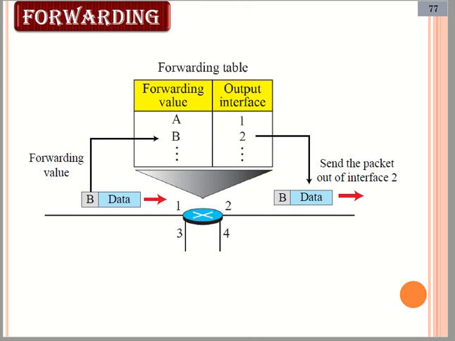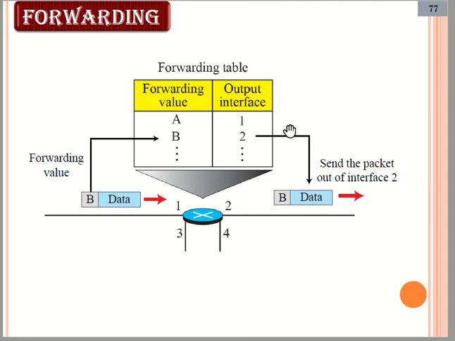This will be maintained by all the routers, wherein it will have the information of the forwarding path as well as the output interface. As you can see in this diagram, data has come to this particular router from the source A, and it is destined to B. Once it arrives at interface 1, it will see what is the path for B. According to this forwarding table, the output interface for destination B is 2.